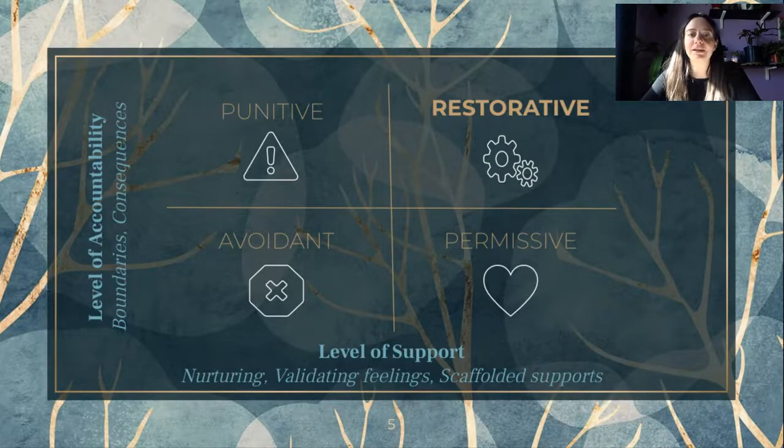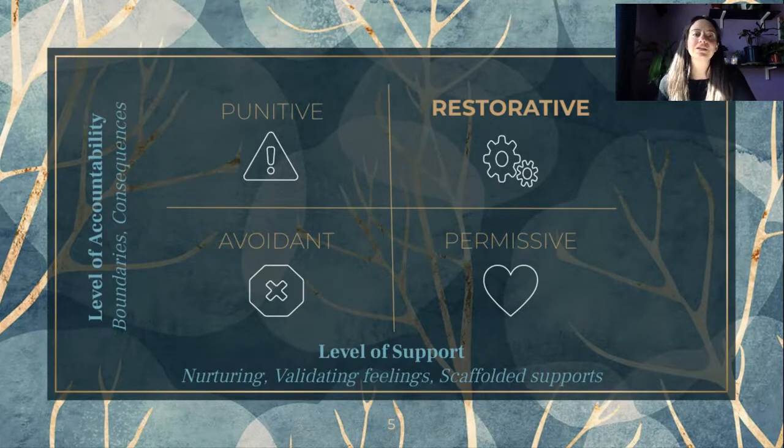Accountability can look like having consistent and clear expectations, establishing and maintaining boundaries, and having logical consequences for our behavior. Support might look like stepping in as a nurturer, listening to the students and validating their feelings and their experiences.